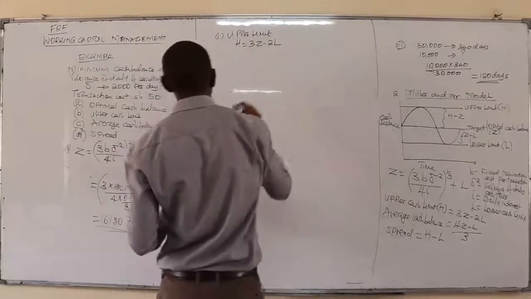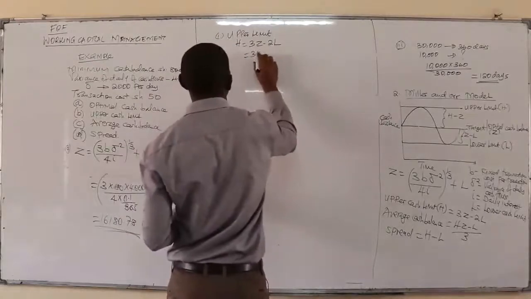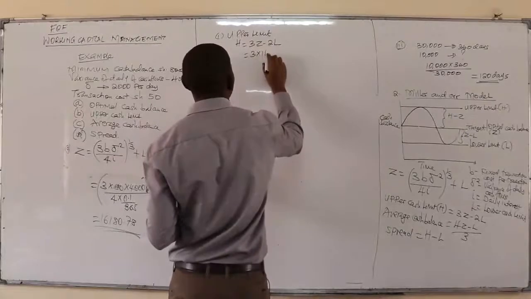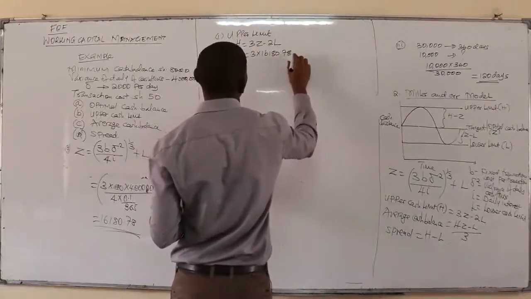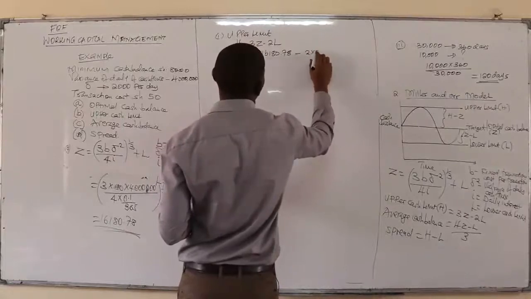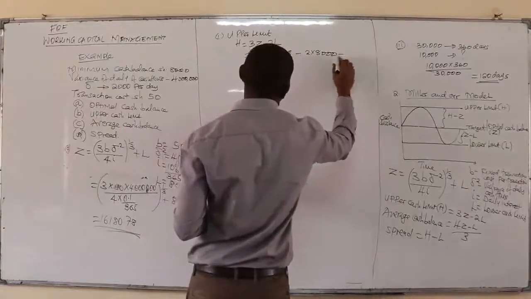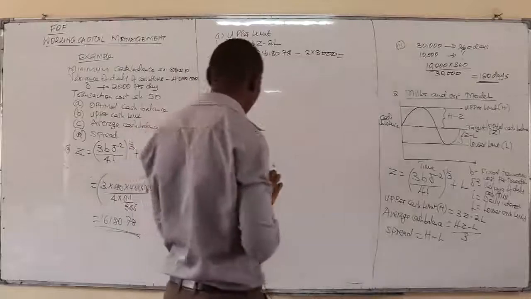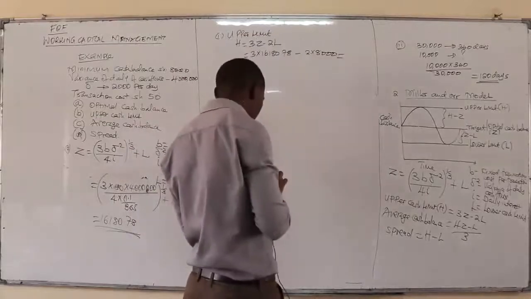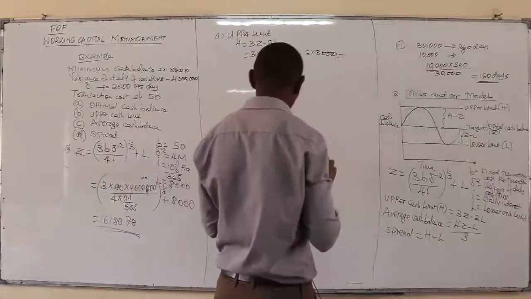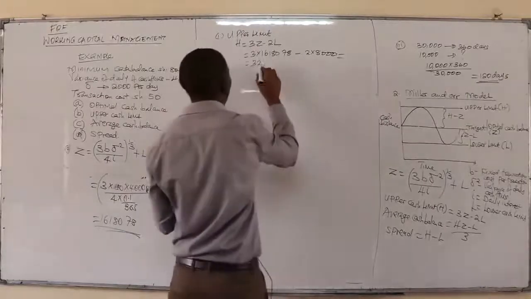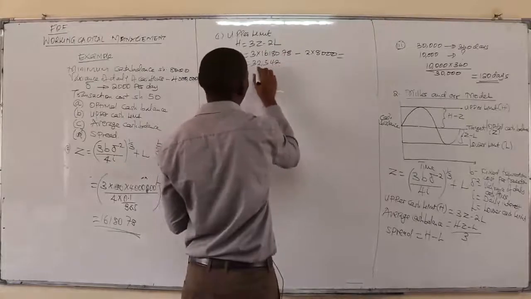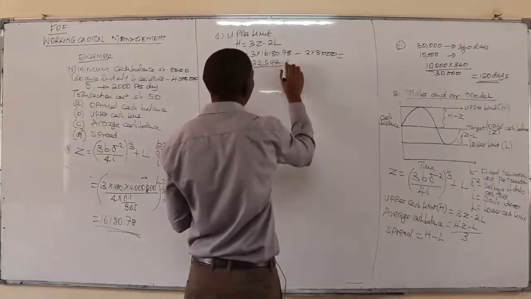Z is our optimal cash balance, so it will be 3 multiplied by 16,180.78, then you minus 2 multiplied by 8,000. If I multiply by 3, then I minus 16,000, this one will be 32,542.33.